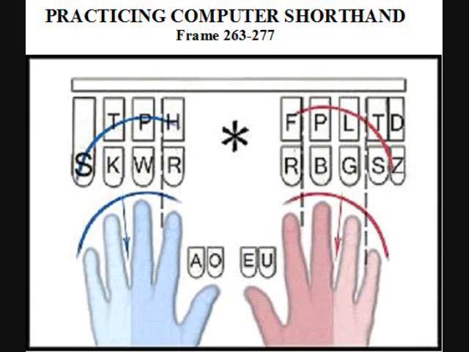Okay, frame 265 is wouldn't when it comes first in the phrase.